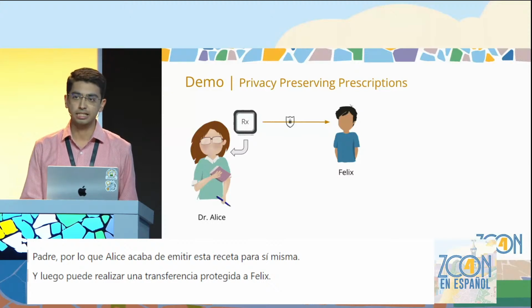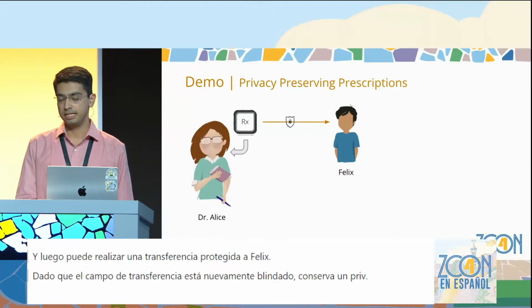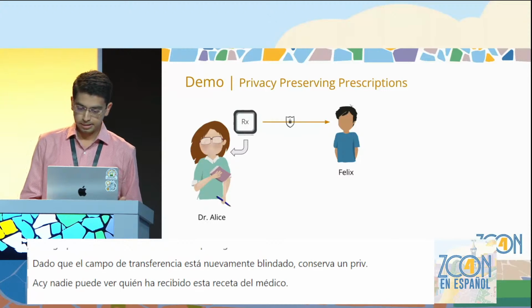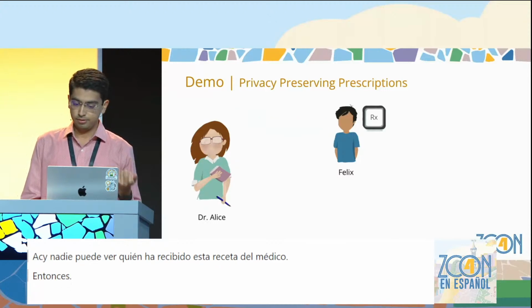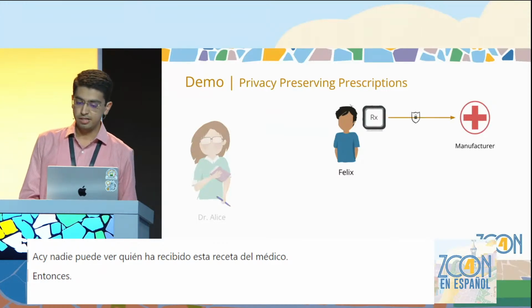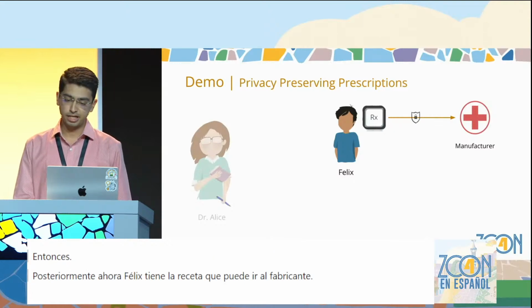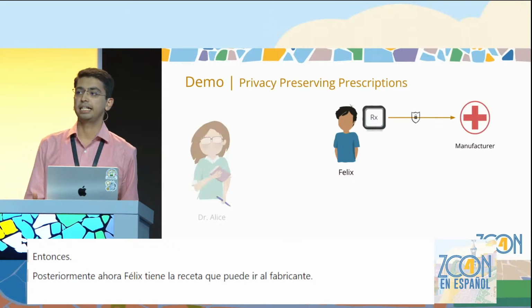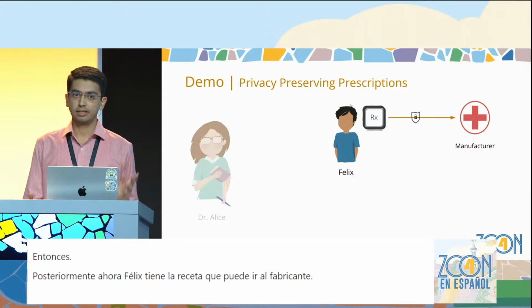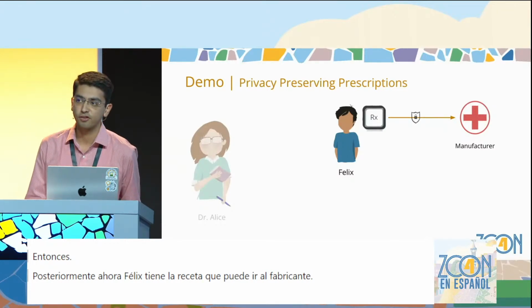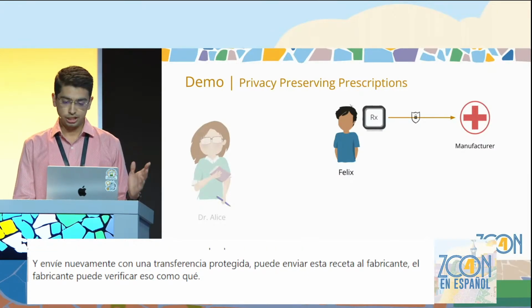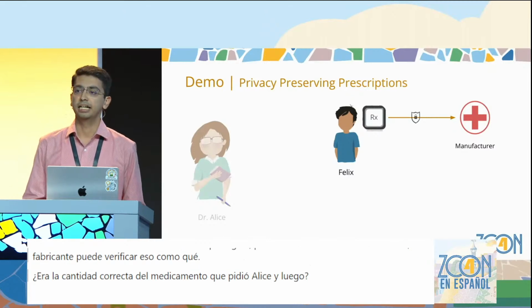Nobody can see who has received this prescription from the doctor. Now Felix has the prescription. He can go to the manufacturer and submit this prescription, again with a shielded transfer. The manufacturer can verify the correct amount of the medication that was asked for by Alice, and then go ahead and provide the drugs to Felix.